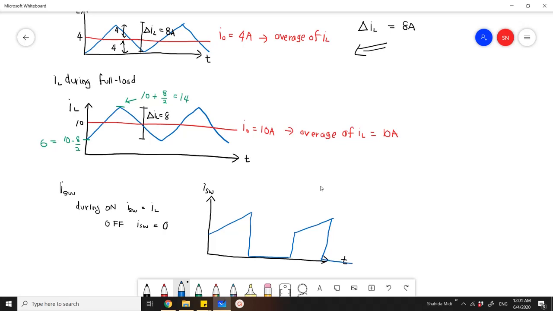The values for these two points follow from the two points we already derived from IL: this one is 6 ampere, and here is 14 ampere. So we can read from that ISWP is 14 ampere.